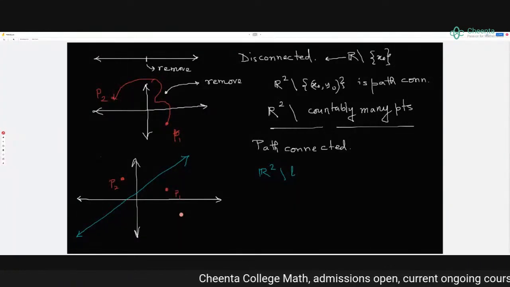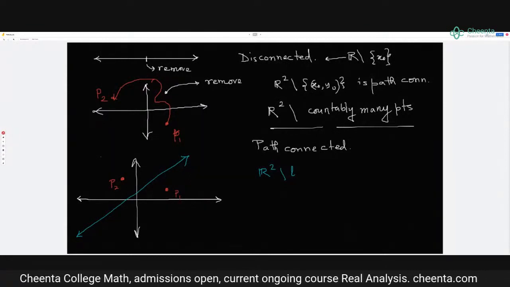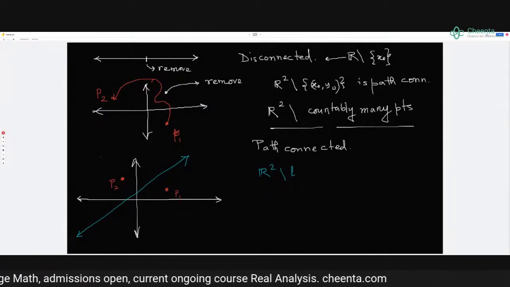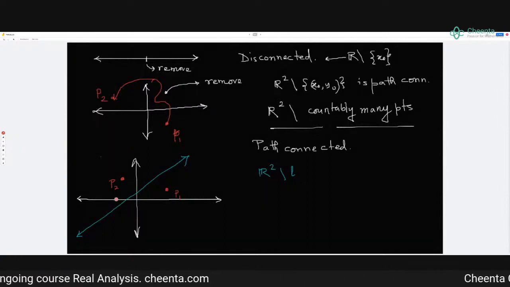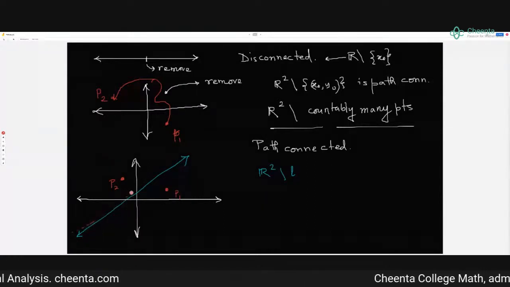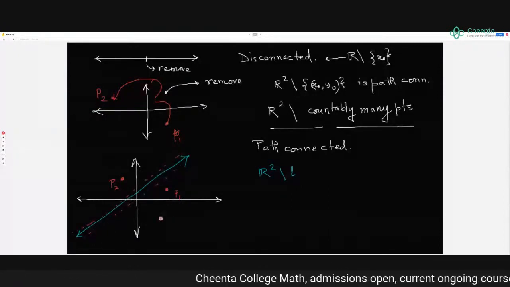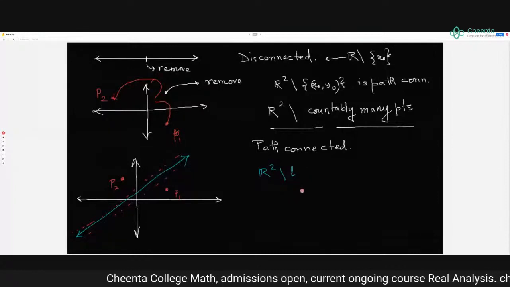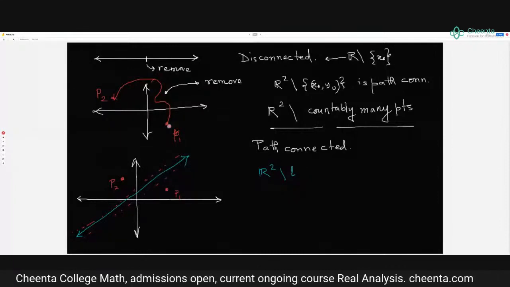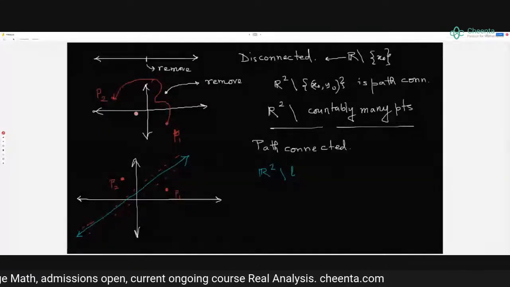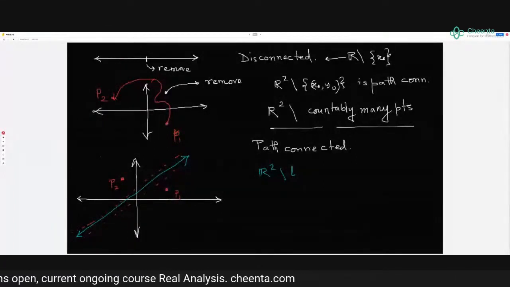So there is no path connectedness here. And also, since you have removed this single line, this becomes a union of 2 open sets in R2. So R2 minus L can be written as a disjoint union of 2 open subsets. Hence, it becomes disconnected.